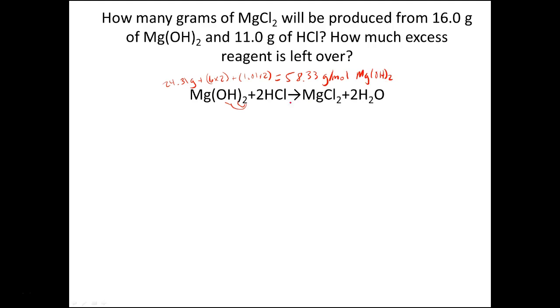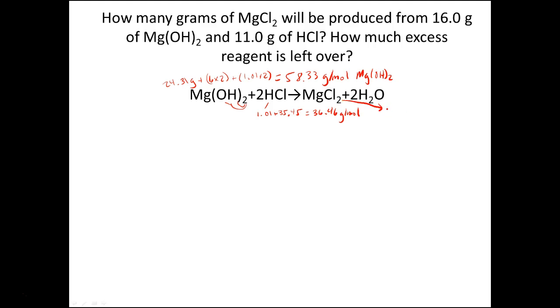All right. And while we're at it, let's also calculate our molar masses for HCl and for MgCl2, because we're going to need those as well. So we've got 1.01 here for hydrogen, plus 35.45 for chlorine. If we add those up, that's going to give us 36.46 grams per mole. And then for MgCl2, we'll do that over here.